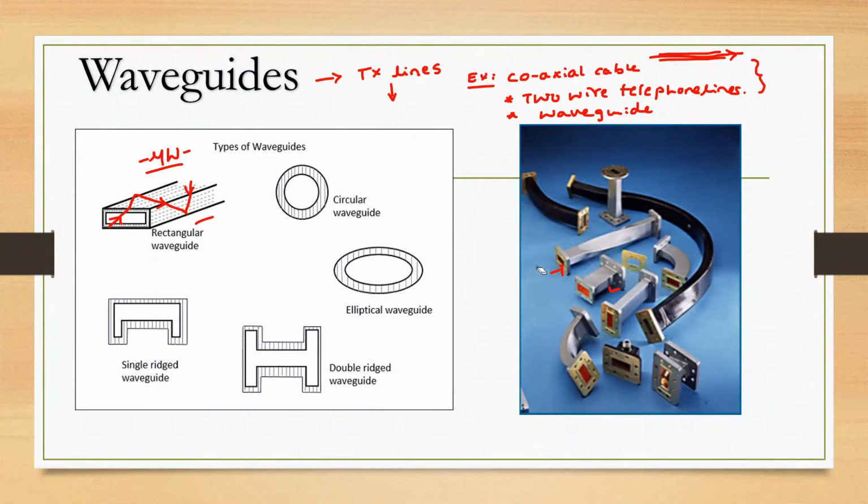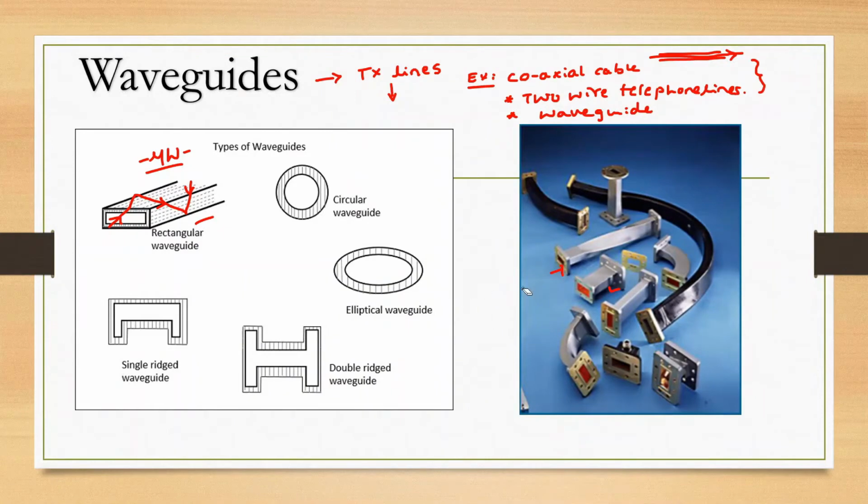If you see the figure over here, you can understand that these look as if water pipes bend. To interconnect different pipes, we use bends, right? Similarly, to interconnect different devices, we use waveguides. That is the second application.